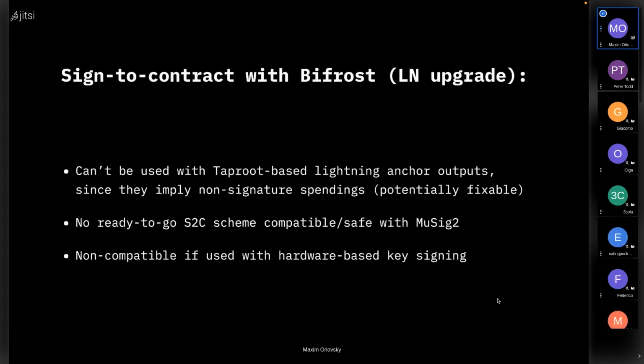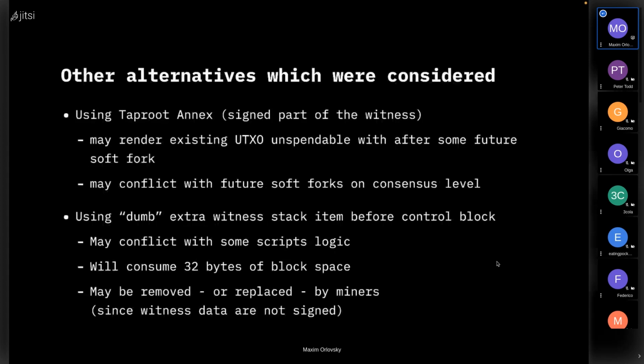Again, we have no ready sign to contract scheme with MuSig 2, which is needed to create a funding Bifrost transaction. And one of the very hot features of the Lightning Node implementations today is the ability to use a Lightning Node with some hardware wallets plugged into the servers or the boxes running the node itself. And again, sign to contract wouldn't be compatible with that.